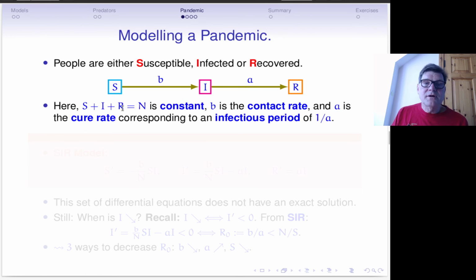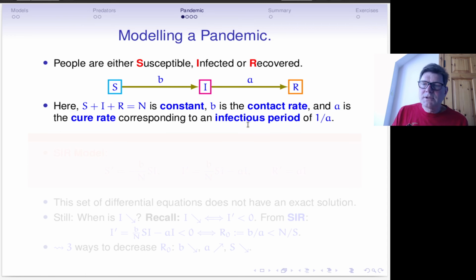The sum of S, I and R remains constant. And then B is the rate that describes the contacts and the rate at which infections take place. And A is the recovery rate or the cure rate, which is inversely proportional to the period of infection.